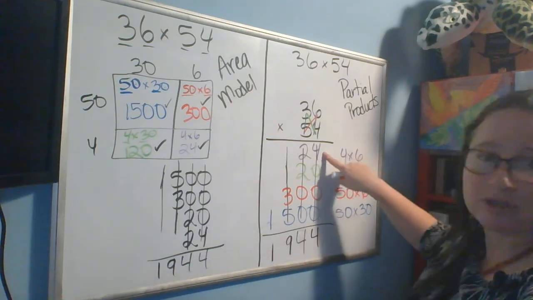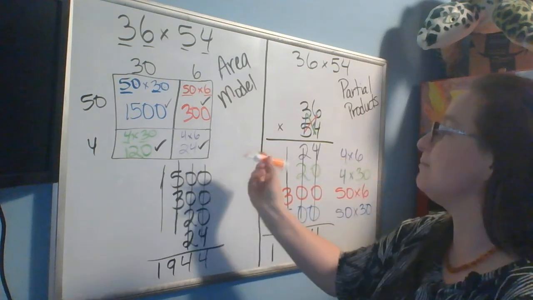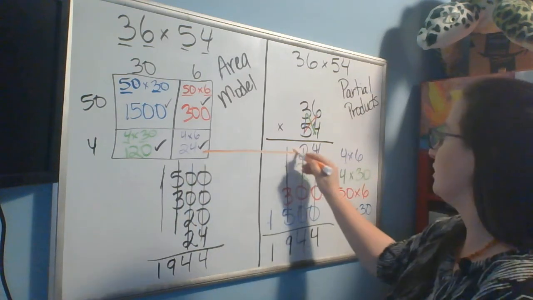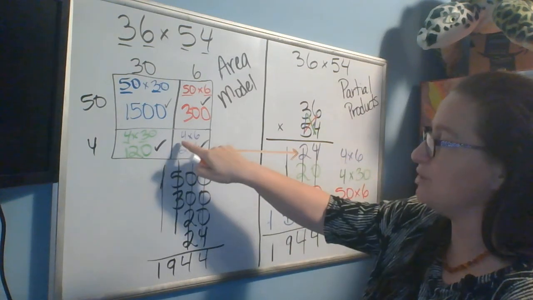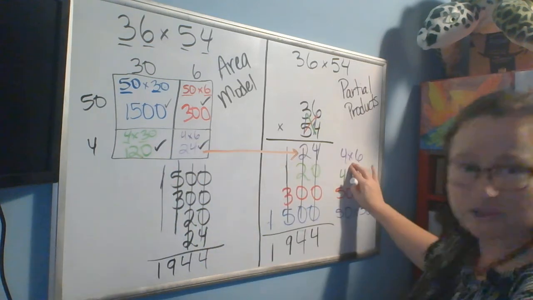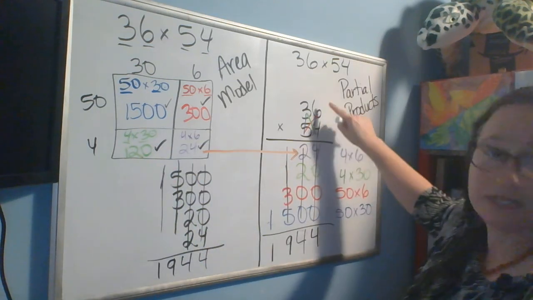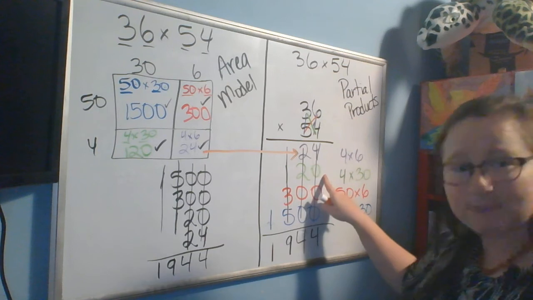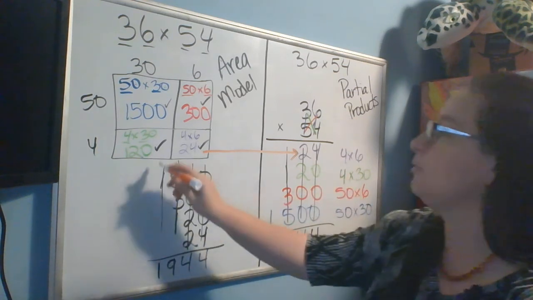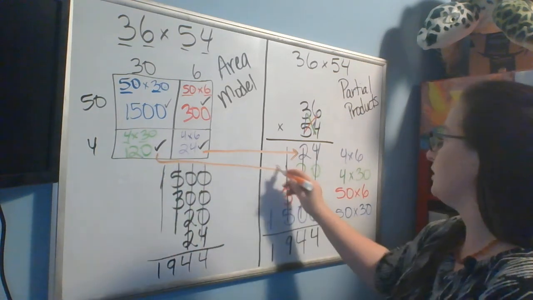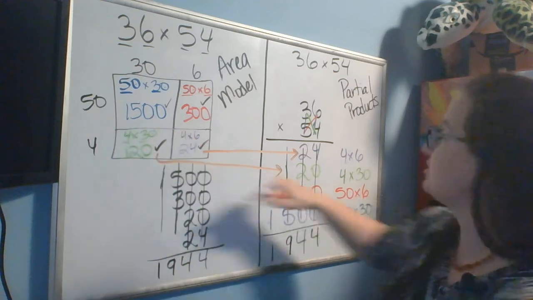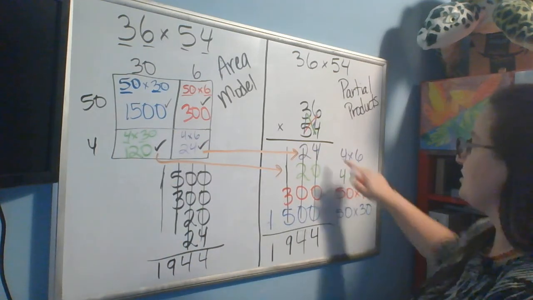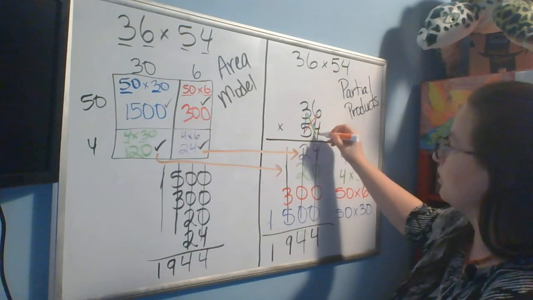Here, my first number, 24, is the same partial product that I had right here, because this had me multiplying 4 times 6, and that's what I did here when I multiplied 4 times 6. My next partial product was 120, which I got from right here when I multiplied 4 times 30.